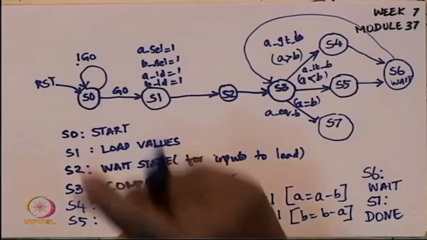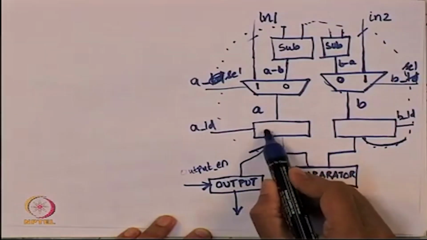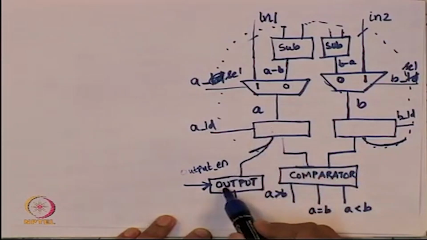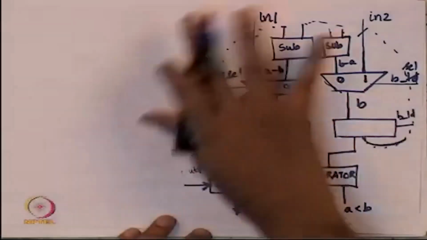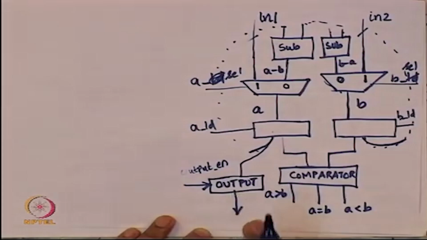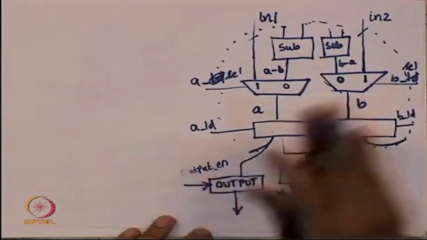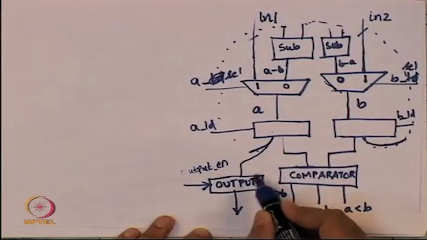If I go back to the data path, I said we will have to take the value of A and copy it to the output register, so that this output register will keep the previous output, even if there is a new computation going on. This output will be held as long as necessary.